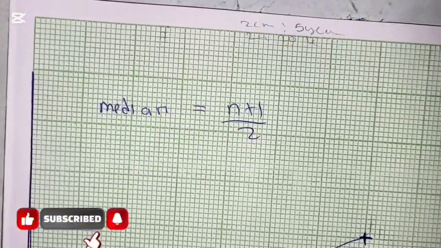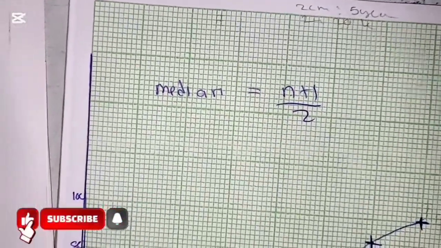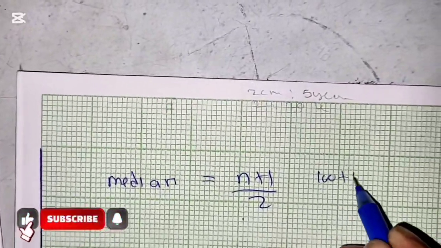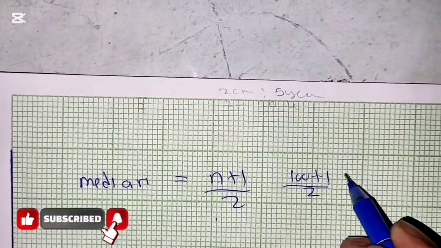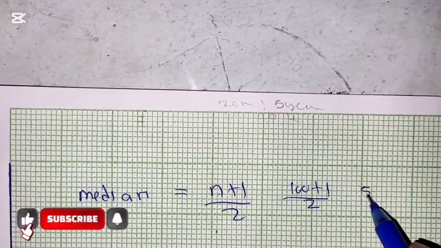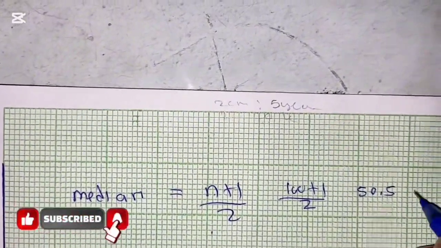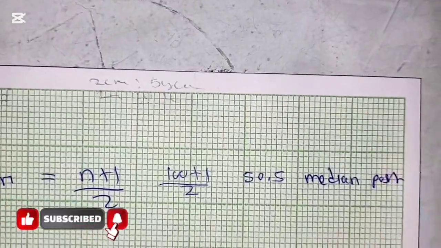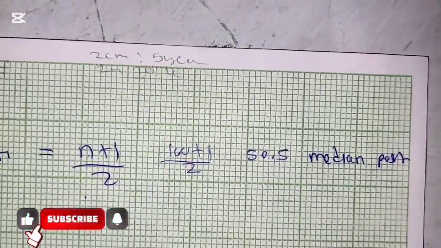N is the total number, so the total number of the survey is 100. 100 plus 1 is 101, divided by 2, we get 50.5. So this one, guys, is not the answer. It's the median position.